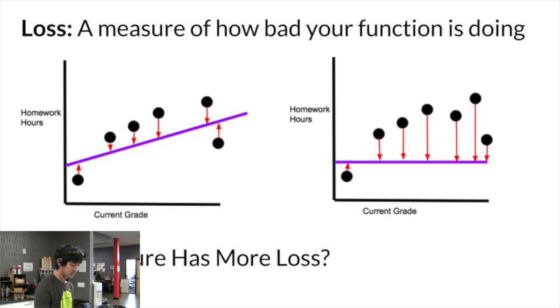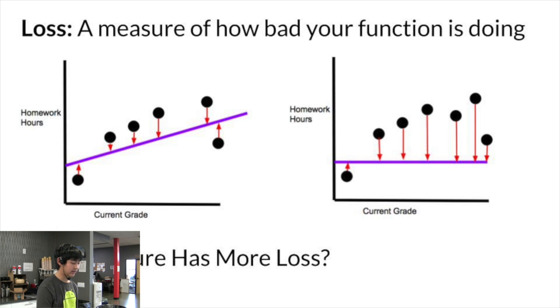Loss is basically a measure of how bad your function is doing. Consider this person. Their current grade level would be somewhere around here, and our prediction would be this amount of homework hours. However, in reality, they had this amount of homework hours.